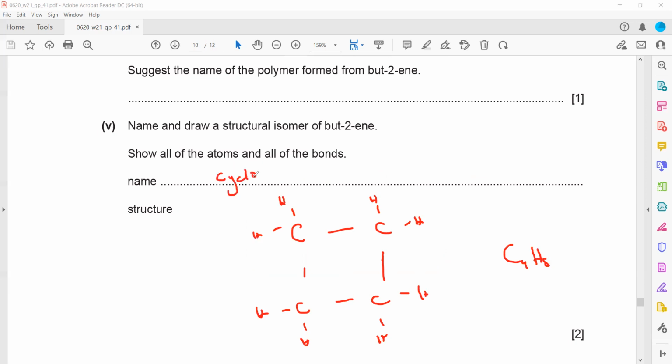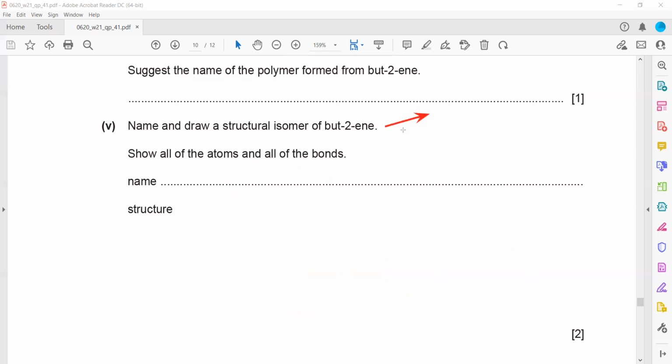It is cyclo because of the cycle, but because of 4 carbons, and ane because they have single bonds. So it is cyclobutane. Whenever you're drawing an isomer of alkene, either you can change the position of the double bond, or you can draw the cyclic compound.